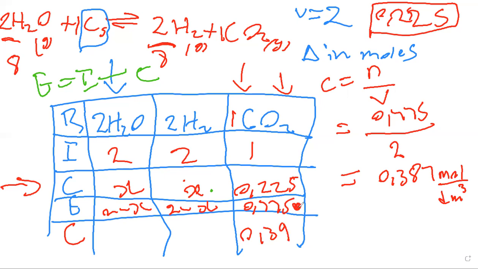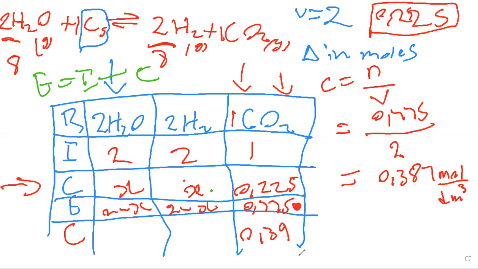According to the balanced equation, this is half of that. Do you understand? 0.775. This is half of 2 minus x. So you can do this.